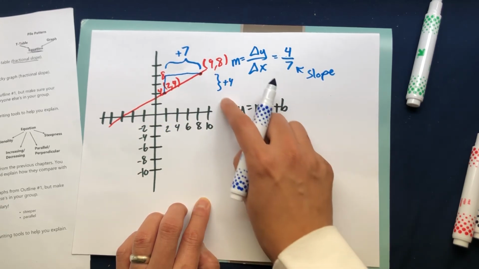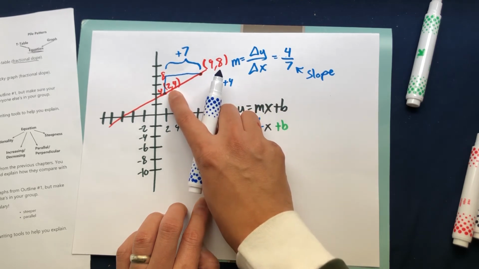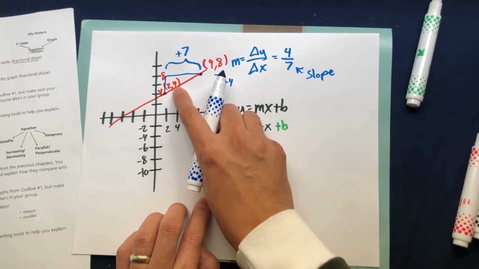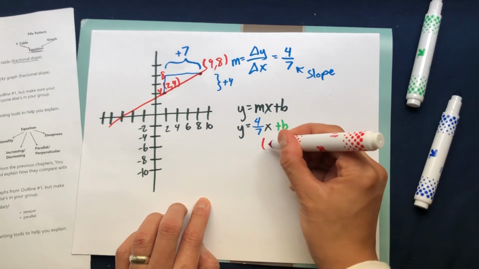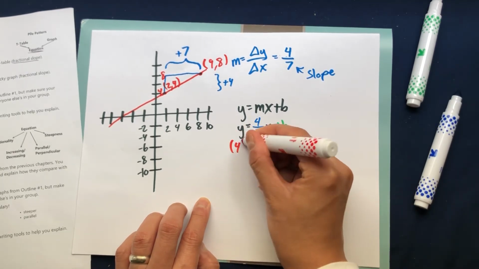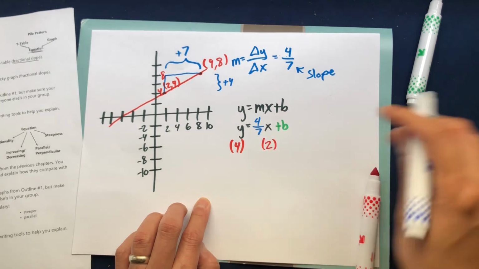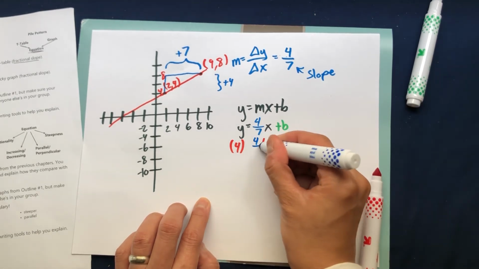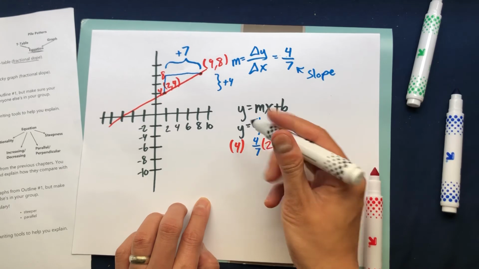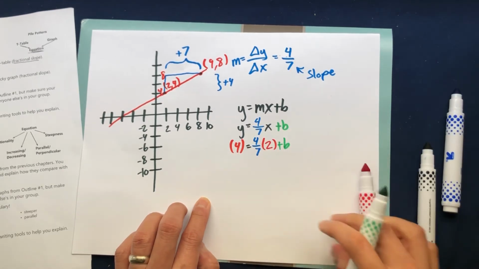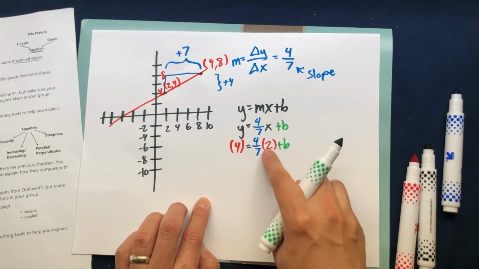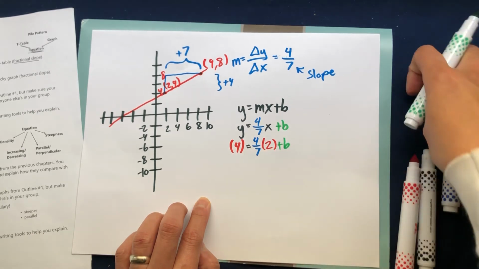I'm going to choose smaller numbers to make my life a little easier. X is 2 and y is 4. So I'm going to plug in x is 2 and y is 4. I'm going to write 4/7 here plus our b. So 4 is equal to 4/7 times 2 plus b.